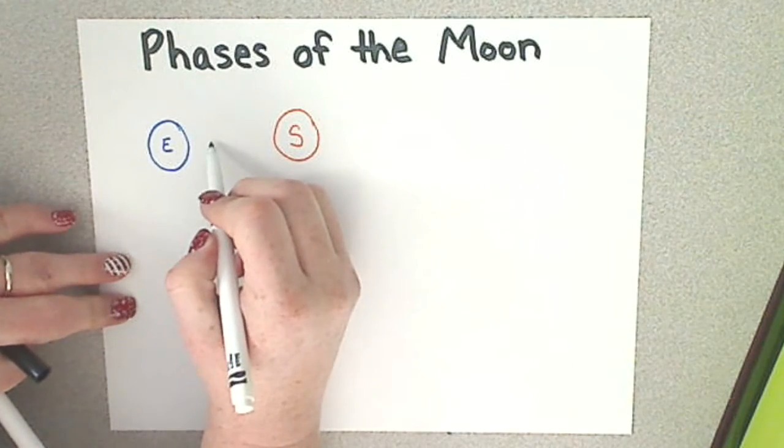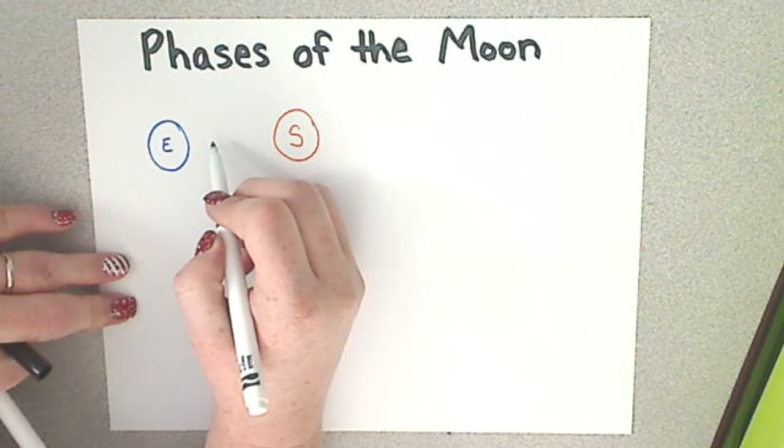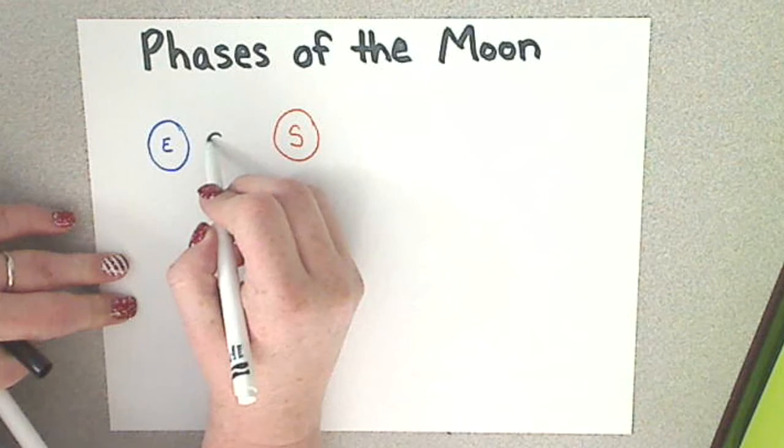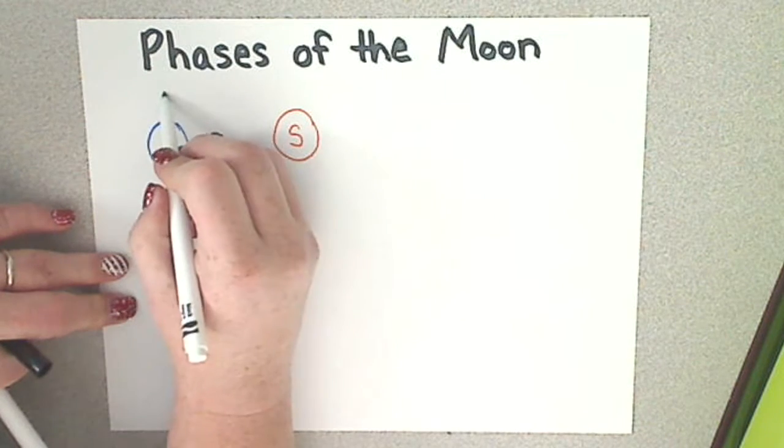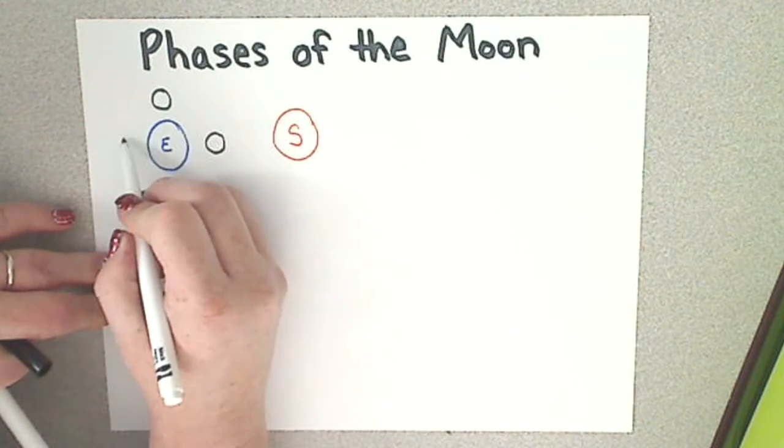Now we're going to be talking about technically 8 different phases of the moon, but for this demonstration, we're going to be talking about 4 positions.